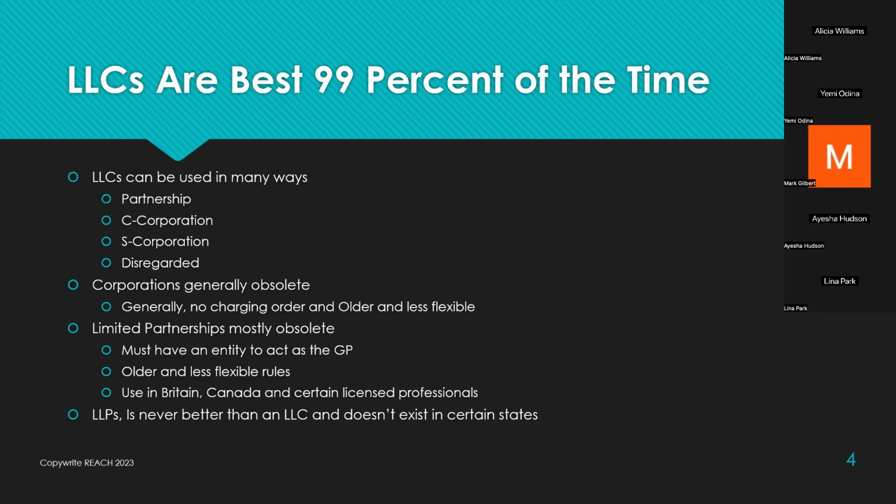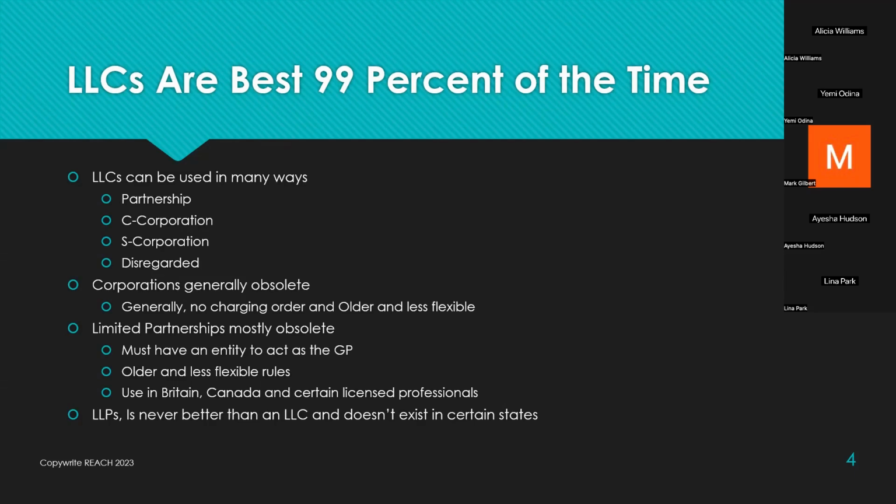And what he said was that LLCs are the best thing to use 99% of the time. The idea of a corporation, C or S corporation, limited partnerships, LLPs, are not very flexible, and they're not as good as an LLC.